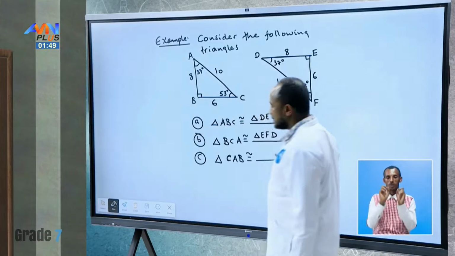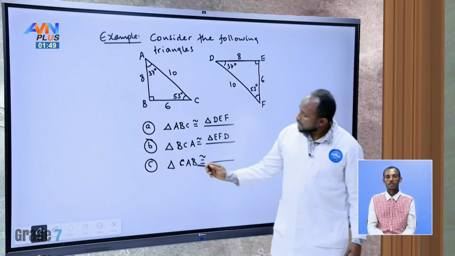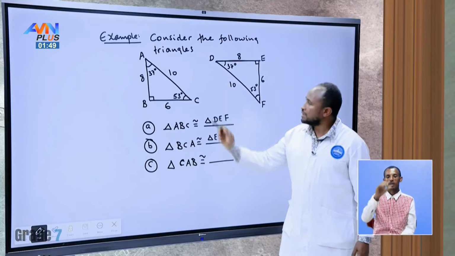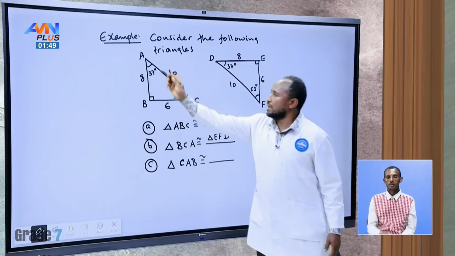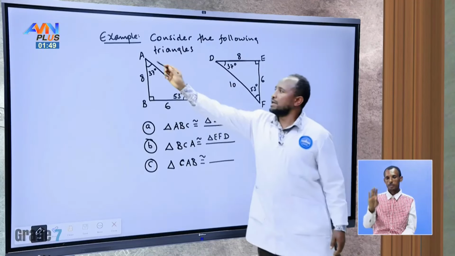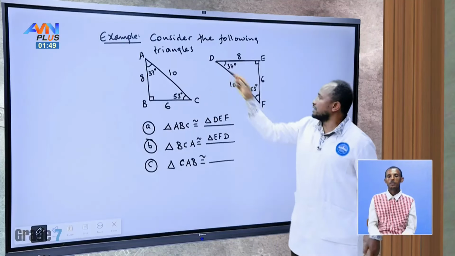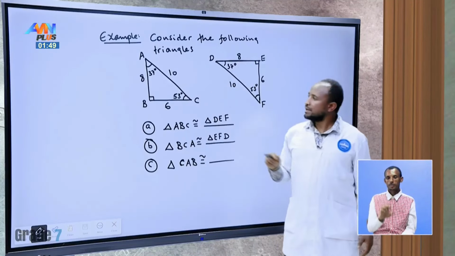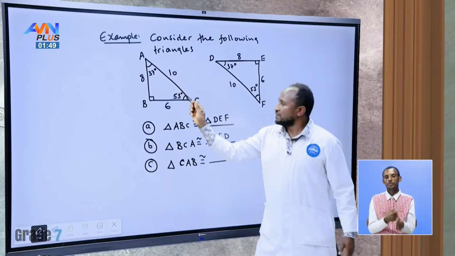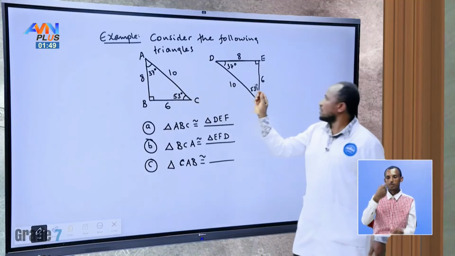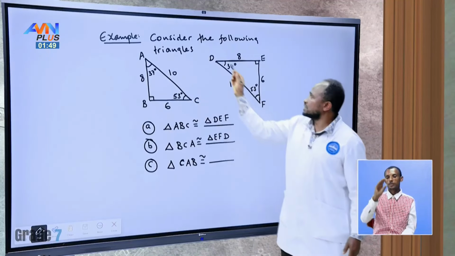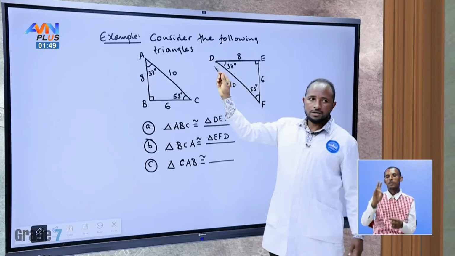Okay, here, triangle CAB. CA is 10 units. It has to fit on this line, 10 units. In what order? CA from 53 degrees to 37. So from 53 degrees to 37, that's FD.